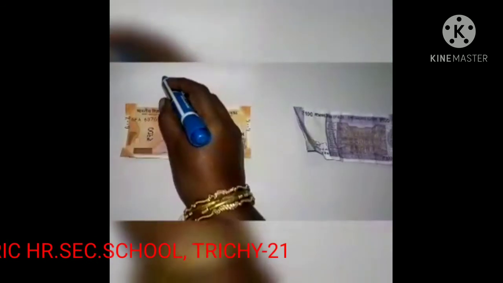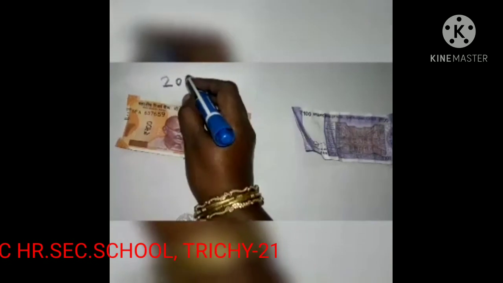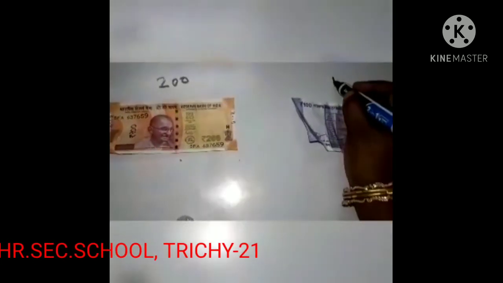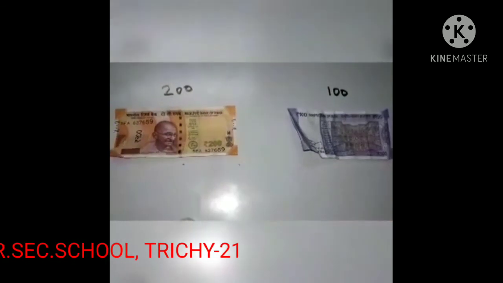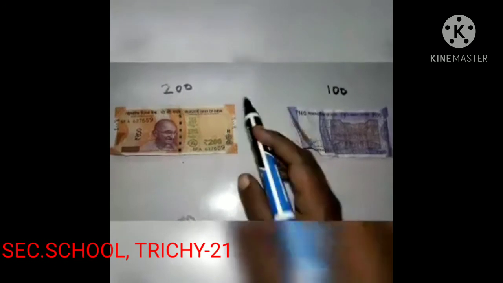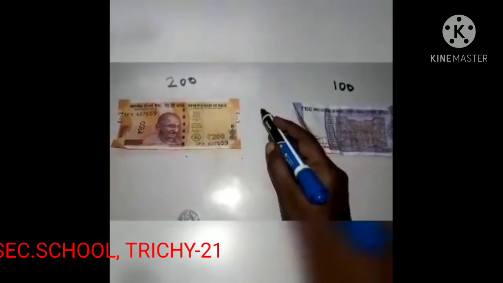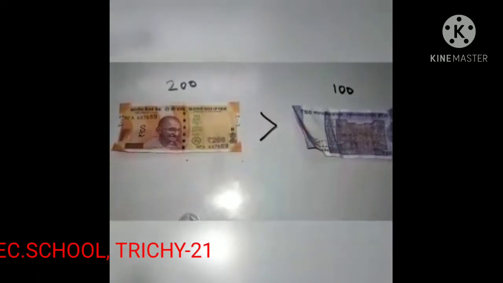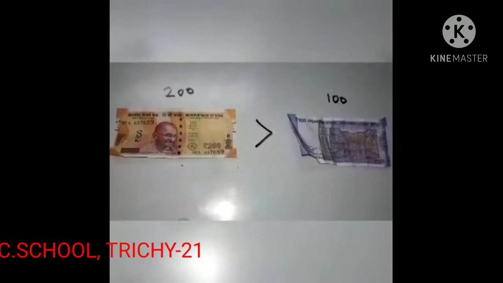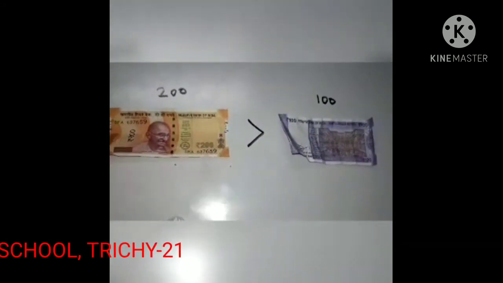See, I write here 200. This one is a 200 rupee note. This one, this side, is 100 rupee. Which one is big? Which sign must come here? Yes, of course, greater than sign. Okay kids, have you understood? Shall we move to the next one?